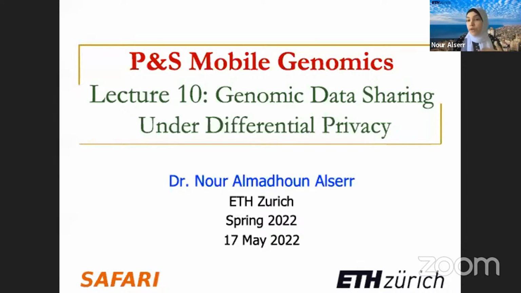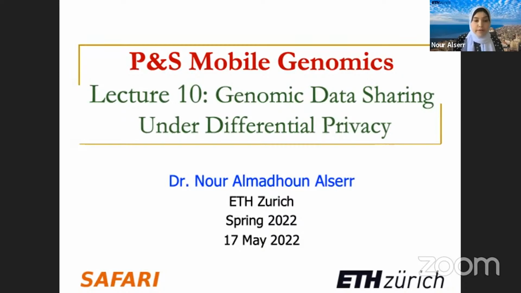How can we overcome this challenge? And then we will talk about one of the rigorous mechanisms to keep the privacy of the genomic data, which is the differential privacy. We will go for the limitation of applying differential privacy directly to the genomic data and how we overcome this and how we mitigate this.